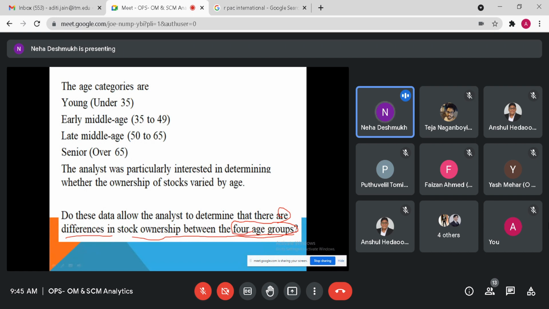Four variables are there, they are having four categories, right? So that's why four groups are there, means four variables are there, and we want to check the differences between these four variables, right?